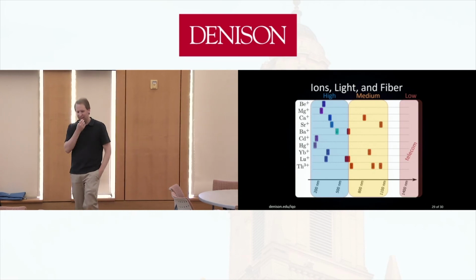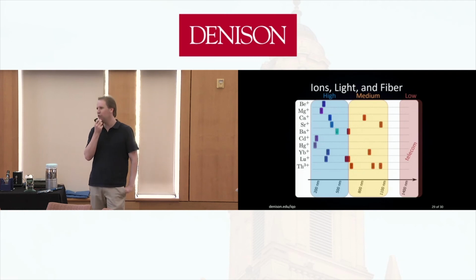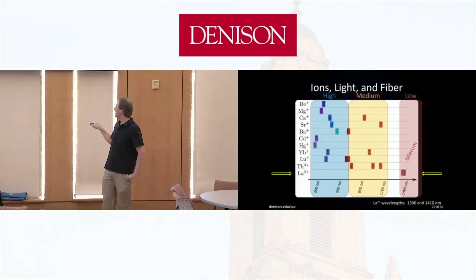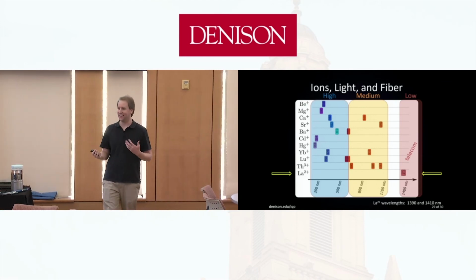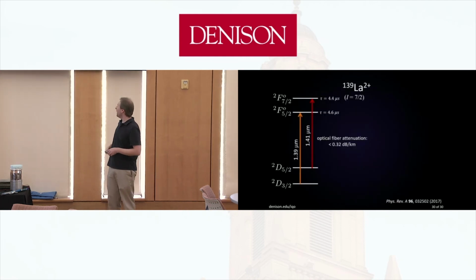That's the main motivation for my work: we're trying to trap and laser cool a new ion. We'd like to add a new one to this list, doubly ionized lanthanum, which it turns out has the wavelengths needed for laser cooling and trapping right in this telecom region of the spectrum, around 1400 nanometers.